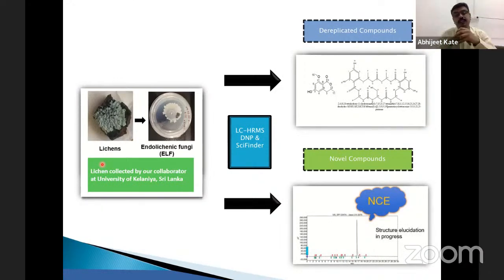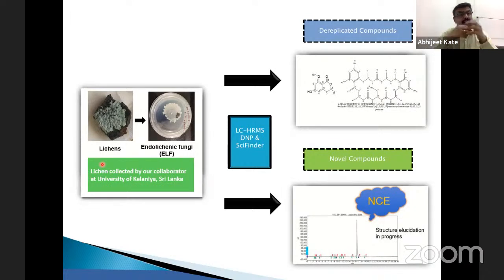We wanted to explore endolichenic fungi, meaning the fungi which are not forming the lichen. Growing the lichen in the lab is a difficult task, and we didn't want to work on something where large-scale or sustainable production would be difficult. So we wanted to work on something you can grow in the lab on a large scale, the endolichenic fungi which reside inside the lichen and can produce these compounds for us.